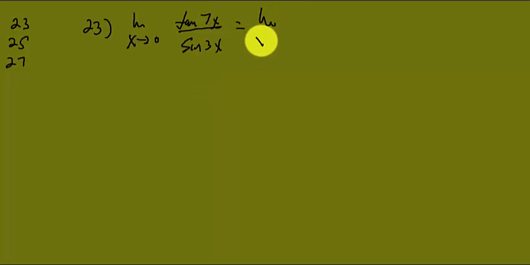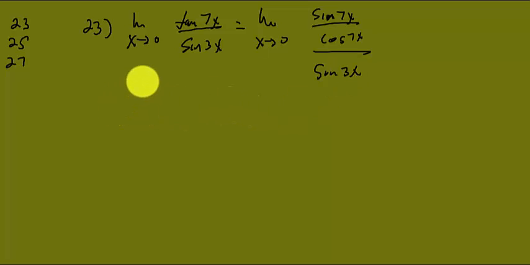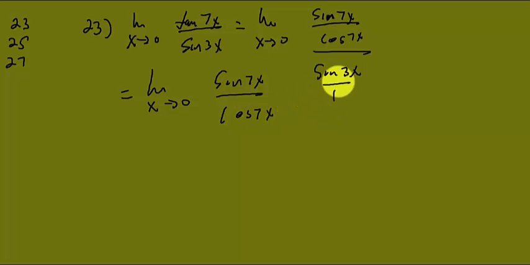This is the same thing as a limit as x goes to 0 of sine of 7x over cosine of 7x, all that over sine of 3x, which is the same thing as sine of 7x over cosine of 7x, and this is really over 1, and this is a division sign, so that flips, so I'm going to get 1 over sine of 3x.